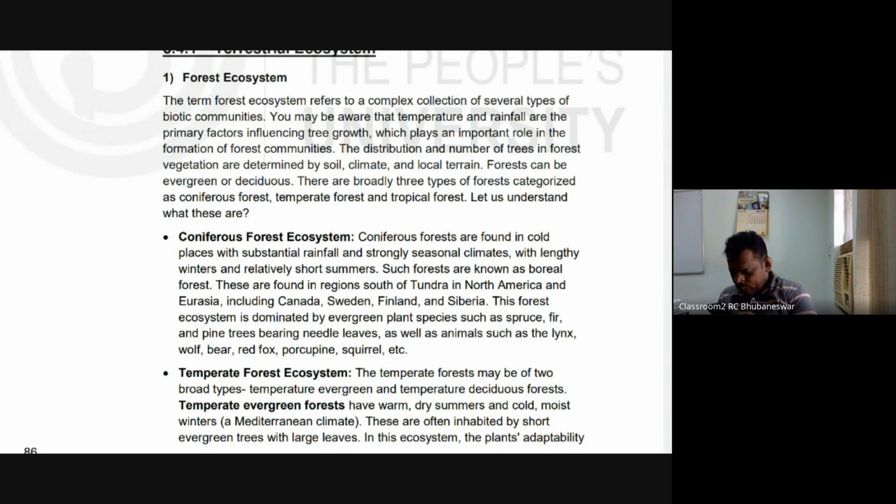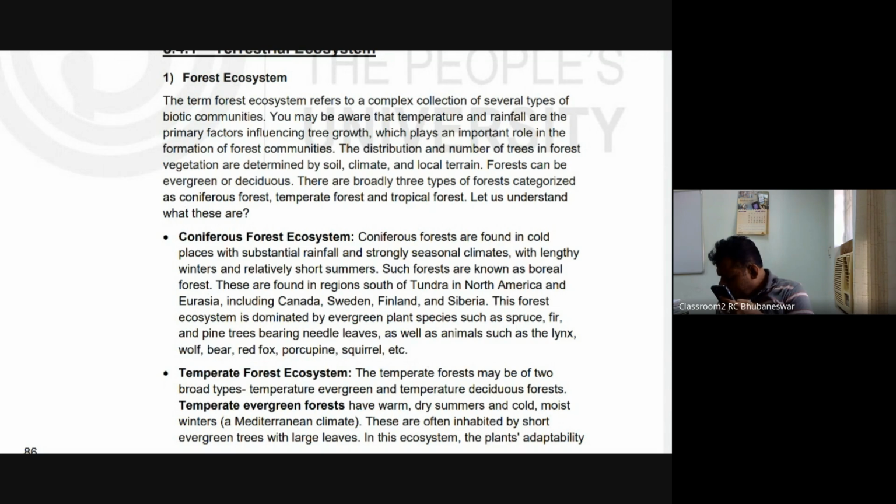And if you have studied the types of forest, even in India geography there are different types of forests that you might have studied. Coniferous forests are basically all those forests which are found in cold regions, where the stem of the plants will be very long.